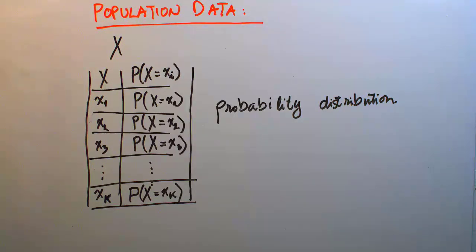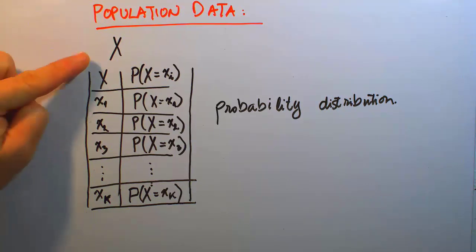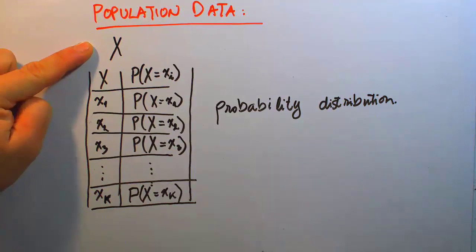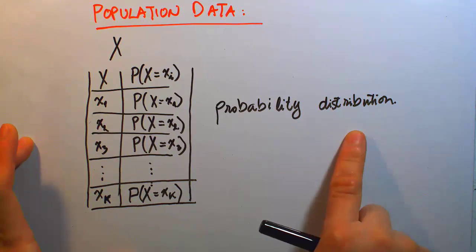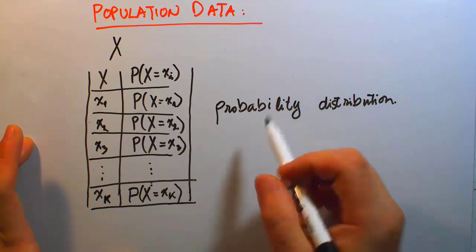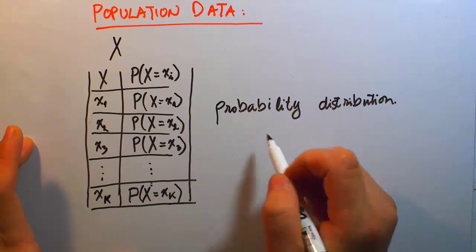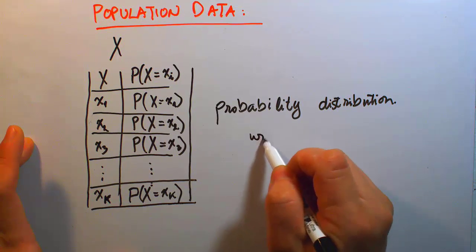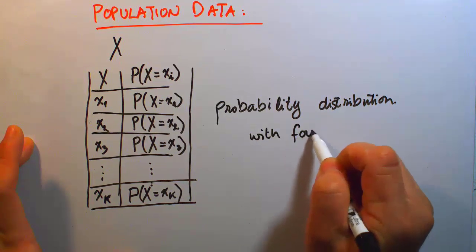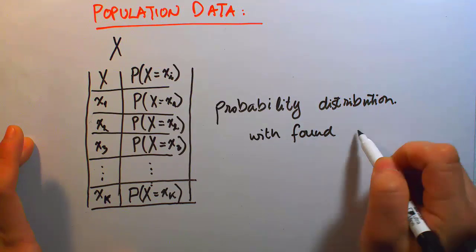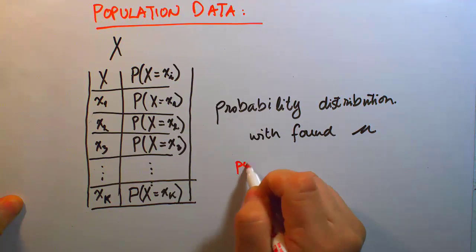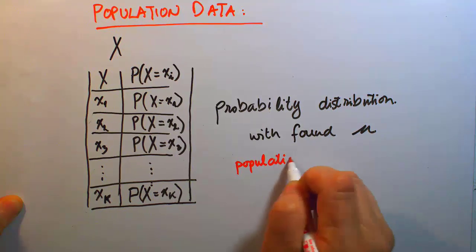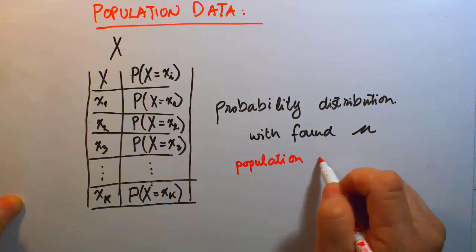And furthermore, once again, with our population data being represented by a random variable capital X, and this table like this is a probability distribution of your random variable, and now pretending that we already found a mean, so we have a known population mean, then what is our standard deviation? Or now precisely speaking, we refer to this as population standard deviation.